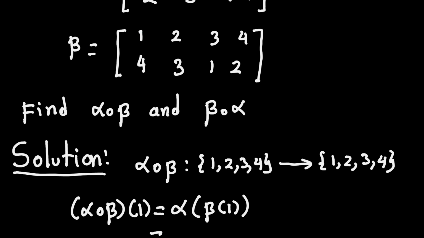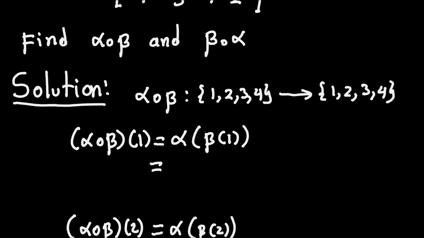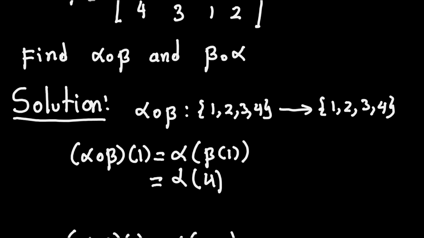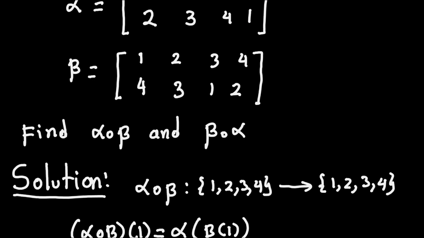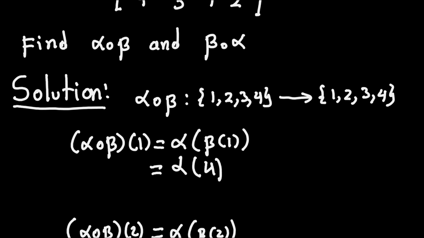So beta of 1 is 4, and that gives me alpha of 4. Now to find alpha of 4, I go back to the array that represents alpha, which is this one. So alpha of 4 is 1. So this gives me 1.